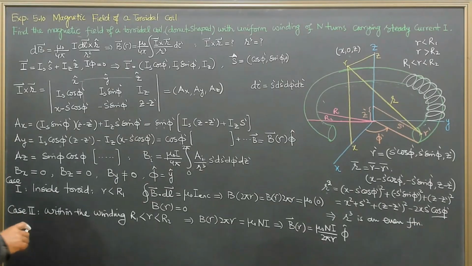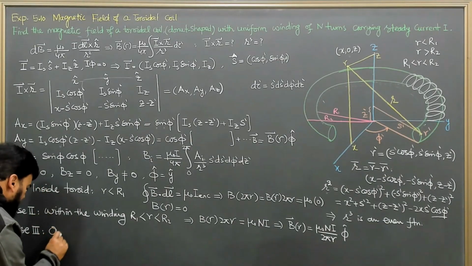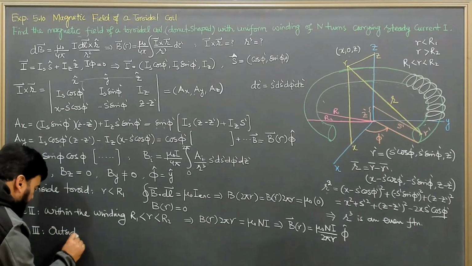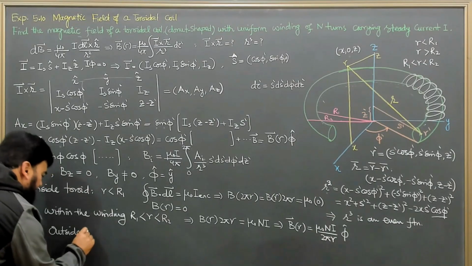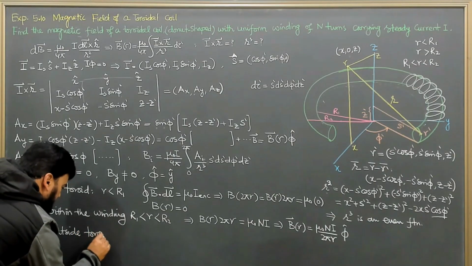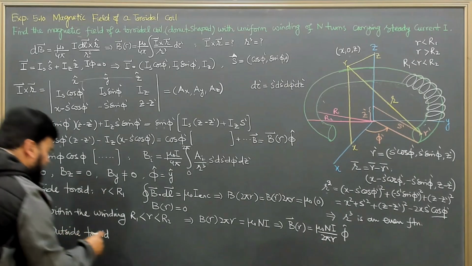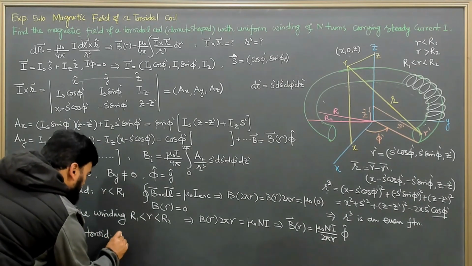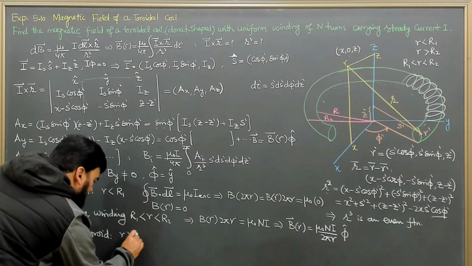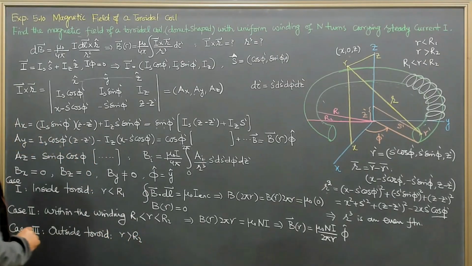And what about the third case? The third case is almost like the first case. The third case is when we are outside the toroid. So look here, this is outside the toroid, so R is greater than R2.